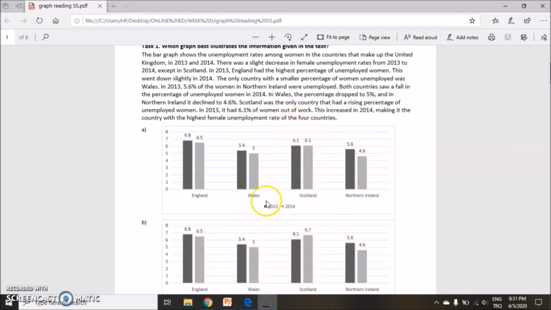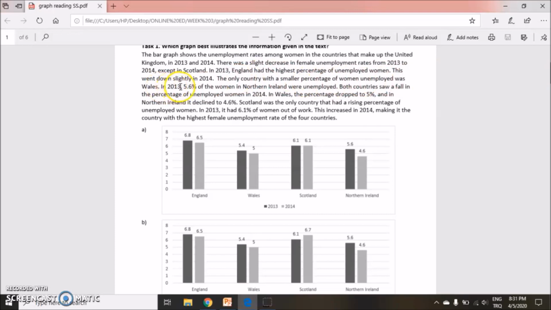So in both charts, this is true. So till now, there is no problem. Let's continue. In 2013, England had the highest percentage. Highest, both okay. And these parts are also given in both charts.